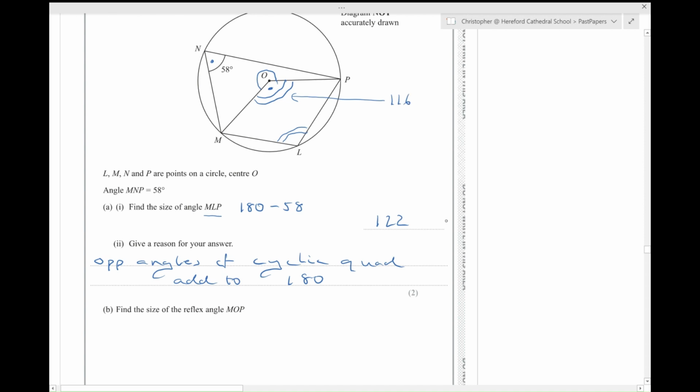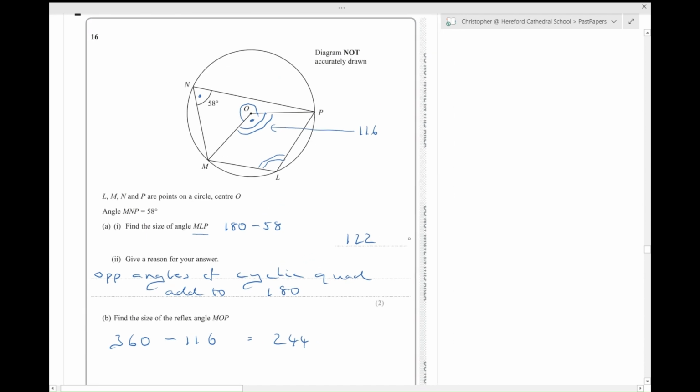So MOP, the reflex angle, is going to be 360 minus 116, which gives me 244. And that is the size of the reflex angle MOP. And that is that question done.